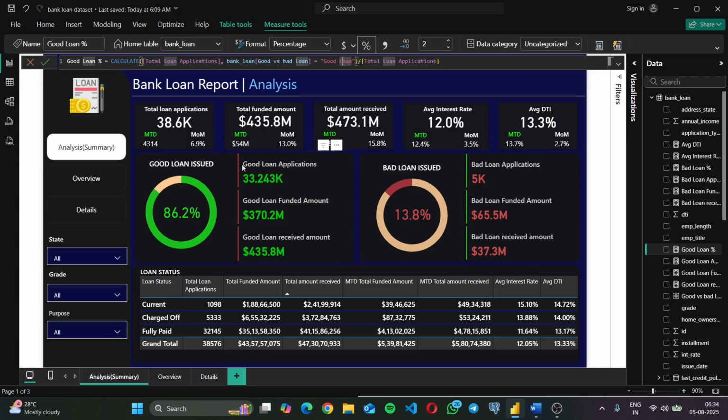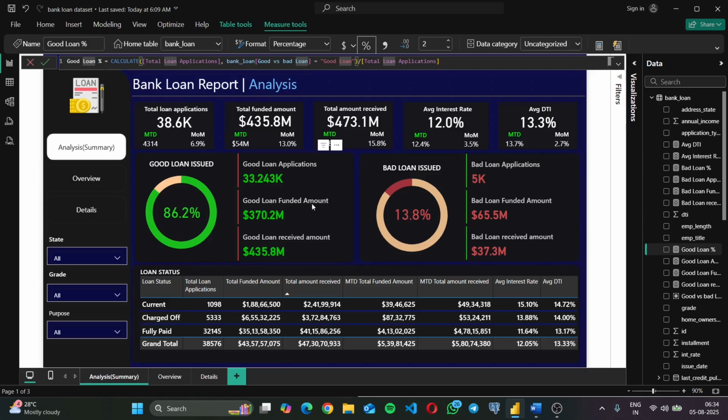Then I also calculated the good loan applications, how many good loan applications are in the particular dataset, then good loan funded amount by the bank and the amount received. Same thing I did for bad loan applications.